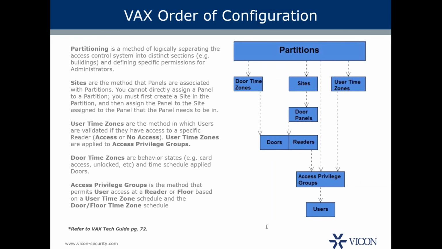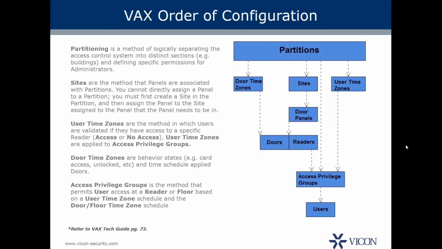So right now what I'd like to do is explain to you a little bit about the software architecture of VAX. So we just finished the hardware portion. Now I'd like to explain to you the overall design of the software, and we'll actually go into the software itself and demonstrate this. At the very top level, you have something that's called partitions.